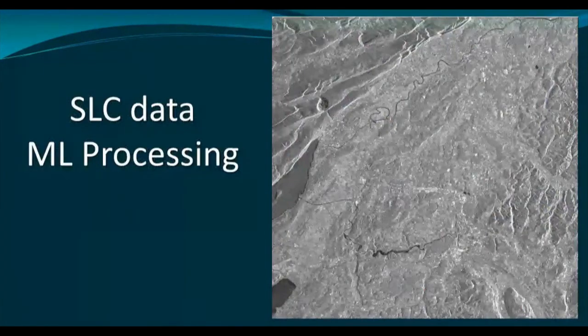Now this image is necessary to be processed for multi-look processing, and once we go for the multi-look processing, it will be converted into ground range image, and we shall have very high spatial detail in comparison to the previous one.